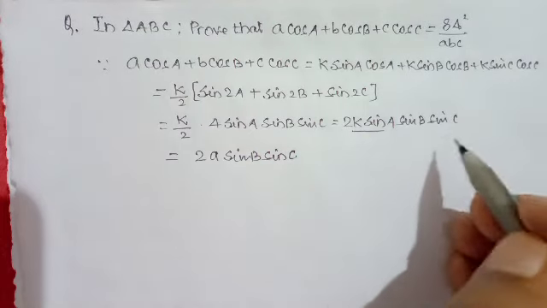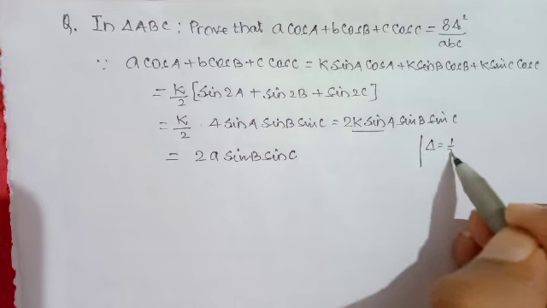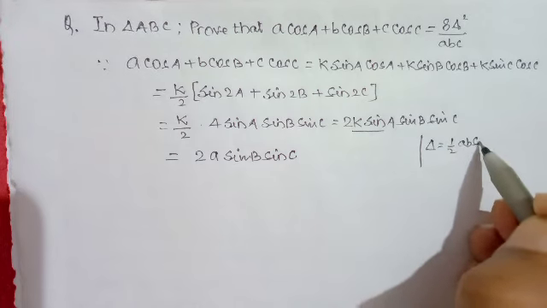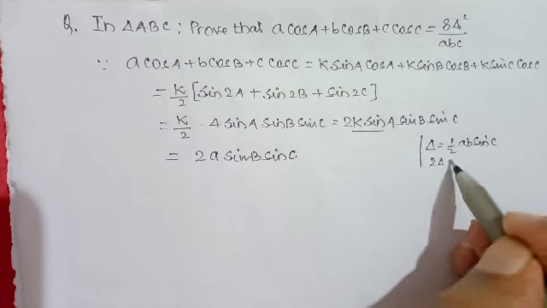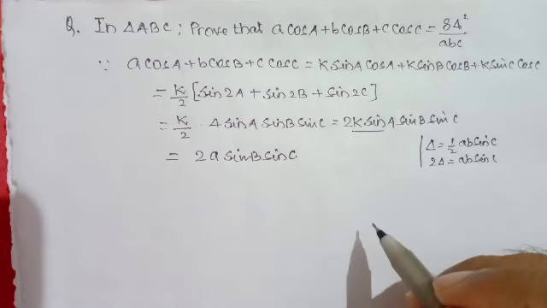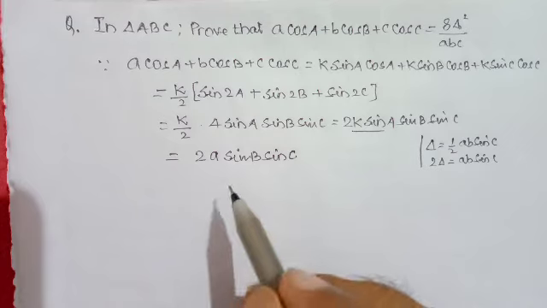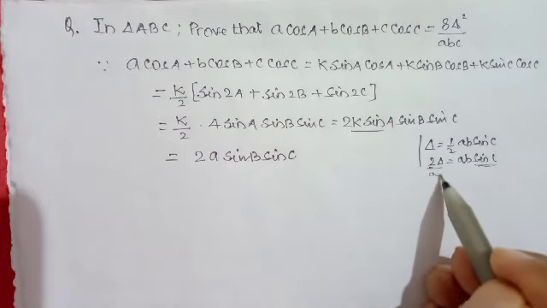Now we know the area of the triangle. See, this is your rough part. Area of triangle is half AB sine C, right? So 2 area of triangle will be AB sine C. Sine C will be 2 area upon AB.